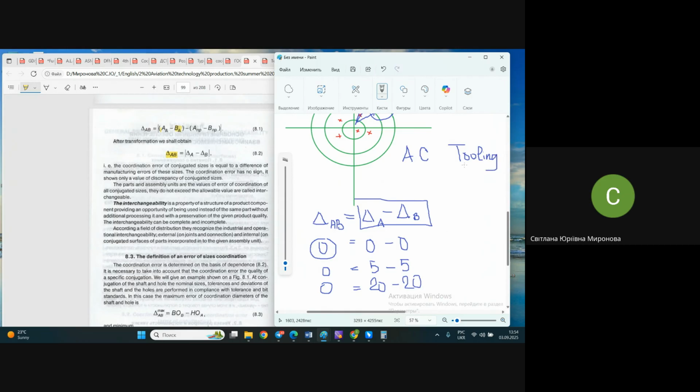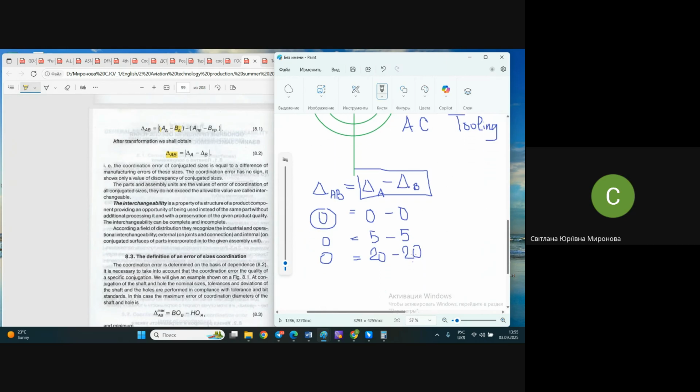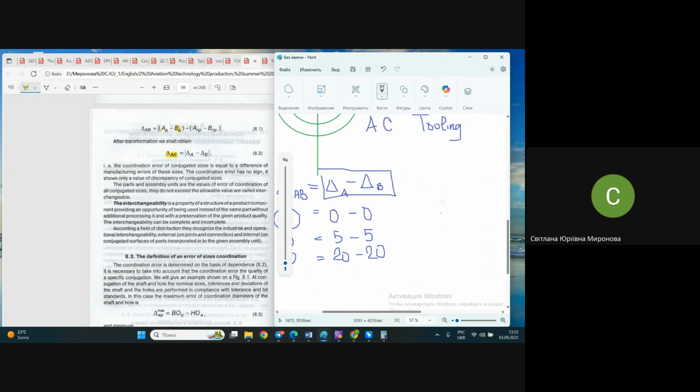Looking at this, we may understand that couples of objects may be realized as assembly component to assembly component coincidence, coordination. It's maybe not complete coincidence; we may be talking about some parameters only. Next, assembly component to tooling, to an element of tooling.